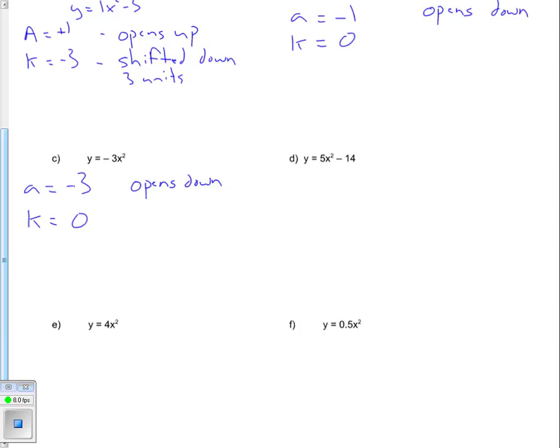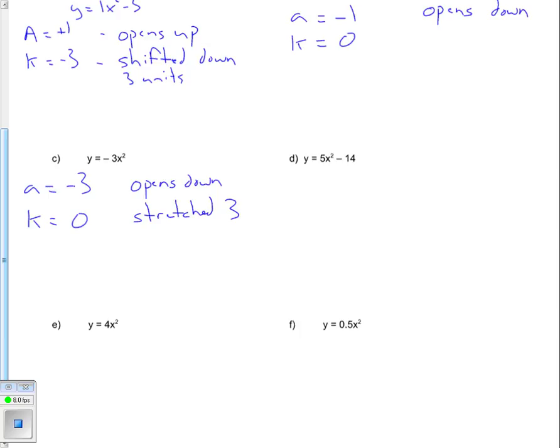And because the a value is not 1, in fact it's 3, albeit negative 3, it's going to be stretched. So it's stretched by 3 units. There is no vertical change at all because the k value is 0.